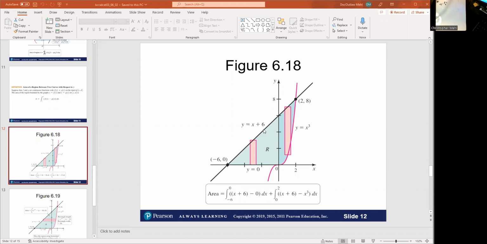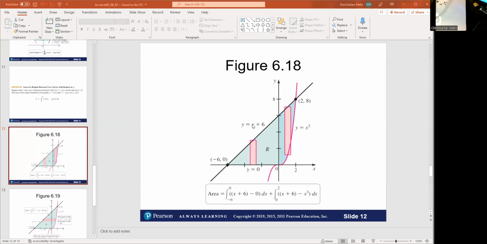I could find it by integrating with respect to x, but to do that, I'd have to chop it into pieces, because on one piece, from x equals -6 to x equals 0, the bounds are going to be the x-axis and the line x plus 6. So on that portion, the area would be the integral from -6 to 0 of x plus 6 minus 0 dx. And then the next piece, I'm going to run from x equals 0 to x equals 2.